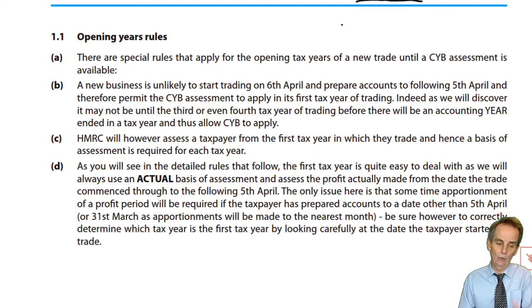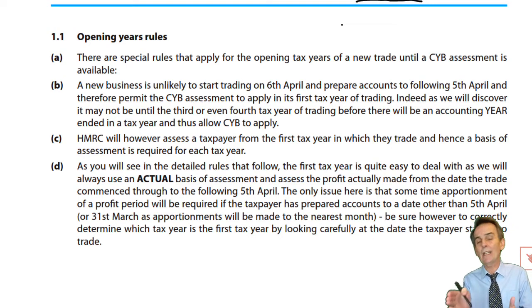Now, I'll forewarn you here. The rules for opening years are rather more detailed because there's lots of different possible scenarios you could see based on when did you start to trade, what accounting date do you then choose to use for that business. There's a lot of different alternatives. We need to learn and practice the rules.